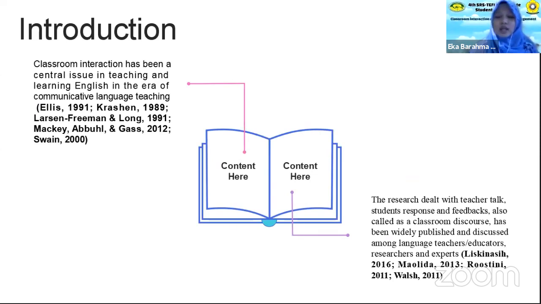The research dealing with teacher talk, student response and feedback, also called classroom discourse, has been widely published and discussed among language teachers, educators, researchers, and experts.